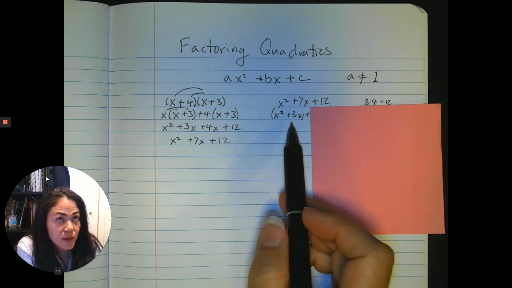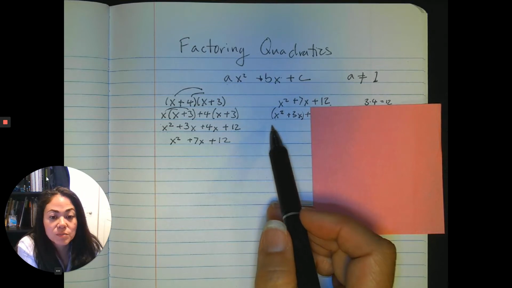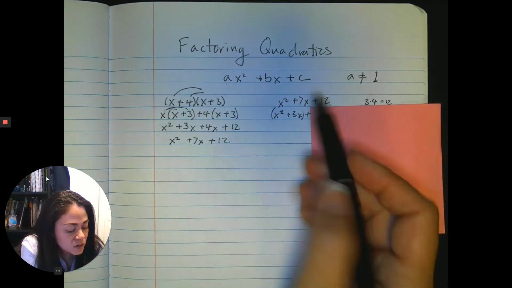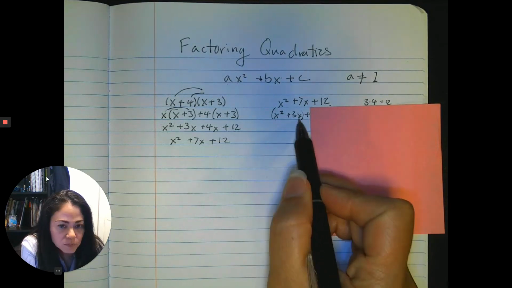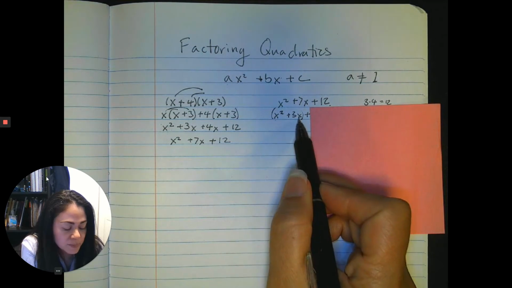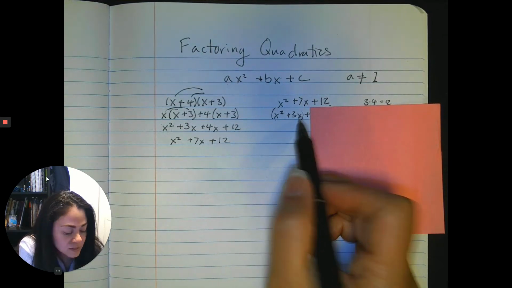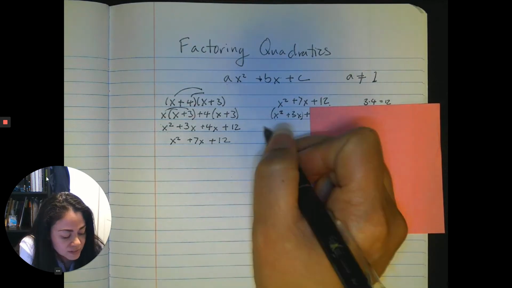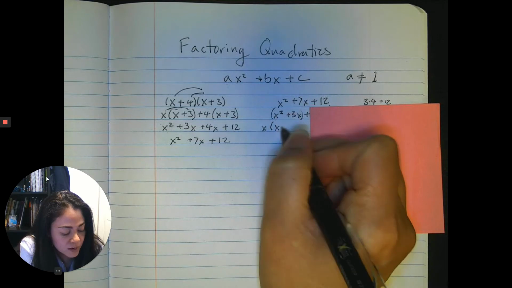Remember way back like 2 weeks ago, we factored out monomials. So I just see what is the greatest common factor of these two terms. Well, this one has x times x, and this is 3 times x. So the only thing I could factor out of both of them is x. So now I'm going to rewrite this as x times x squared divided by x, so I'm left with x.